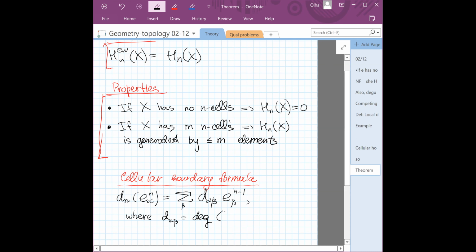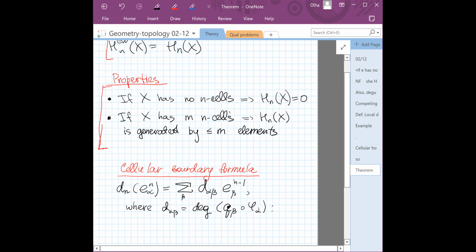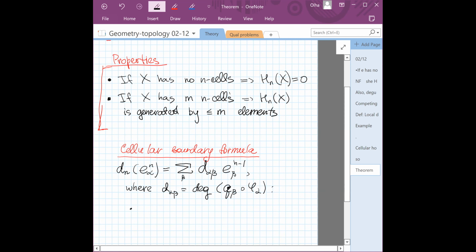This function is a composition of two functions. P alpha is an attaching map of P alpha.